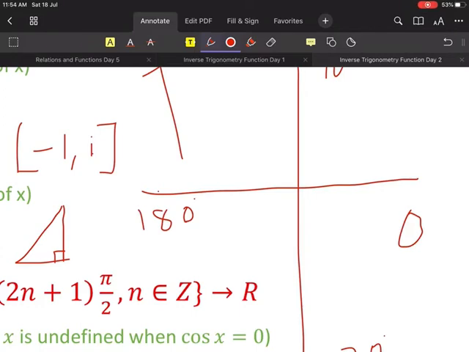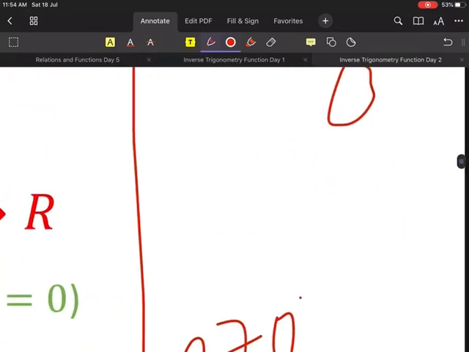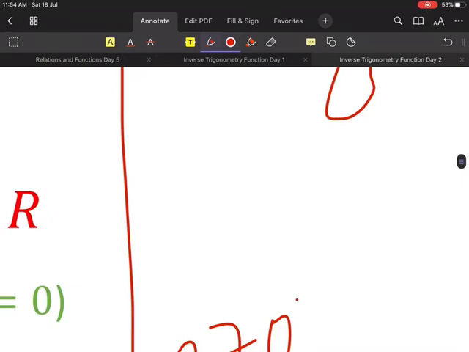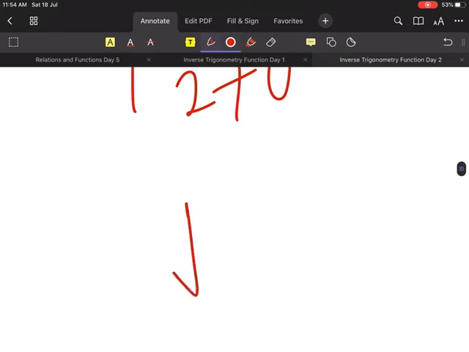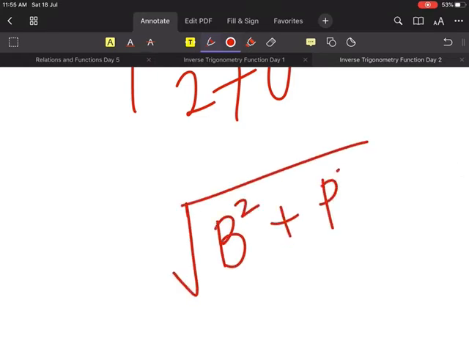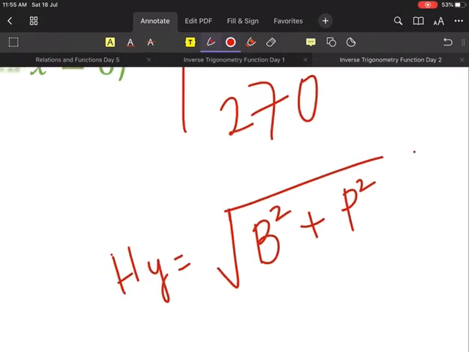Acha, what is the formula of hypotenuse when base is there and height is there? Pythagoras theorem. It is root over of base square plus perpendicular square. Yes or no?